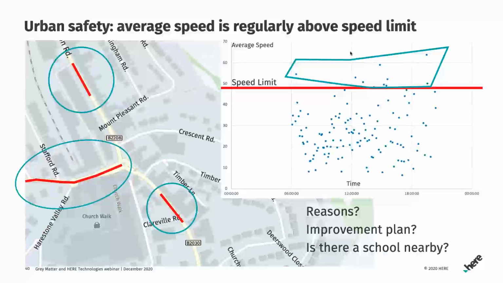This example demonstrates that at some stretches in some city, analytics show we always have above-average speed limit violations, and officials or companies should understand the reasons for this behavior and how critical it is for local people, especially in the worst case if there are schools nearby. Definitely it's a point to think about and make an appropriate decision for officials.